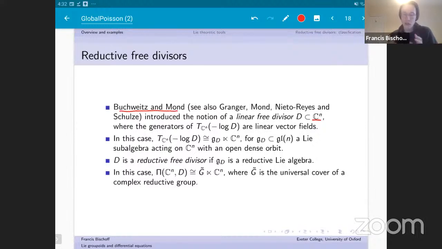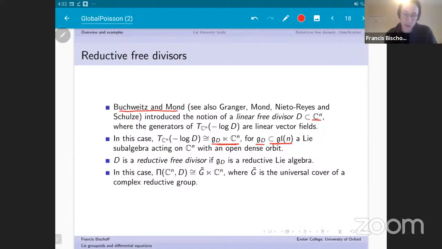Because the Lie bracket of two linear vector fields is a linear vector field, they give you a Lie algebra, which I'm calling g_D, which lies inside of gl_n. And then the logarithmic tangent bundle will be an action Lie algebroid for this Lie algebra.